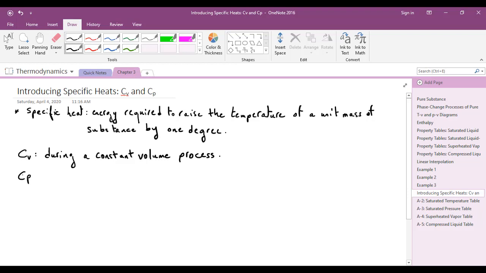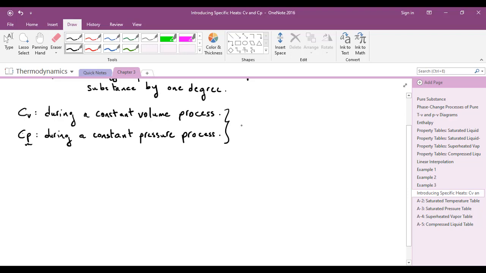However, for CP, the energy supplied to the substance should be supplied during a constant pressure process. So the subscript P means during a constant pressure process. Usually CP is greater than CV, since in a constant pressure process the substance is allowed to expand.